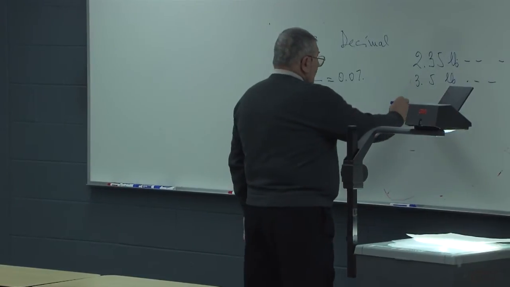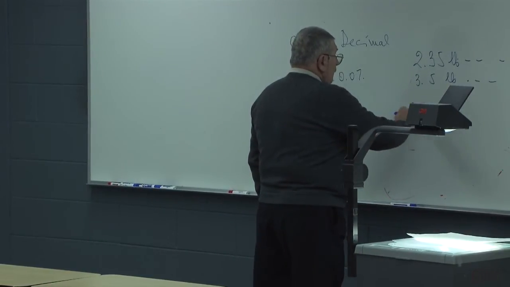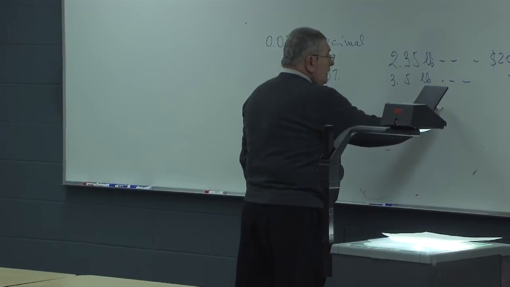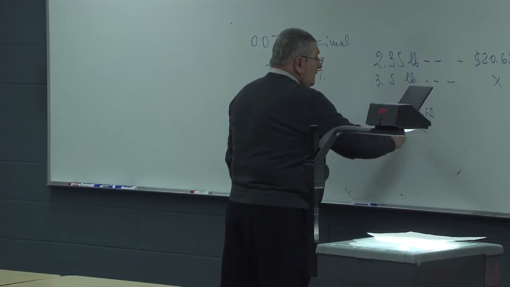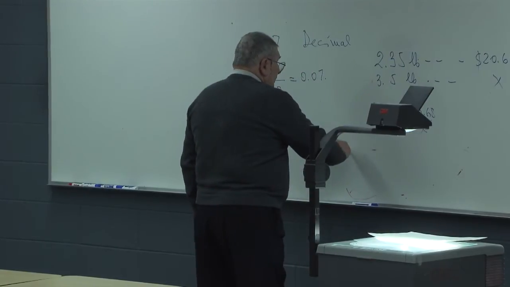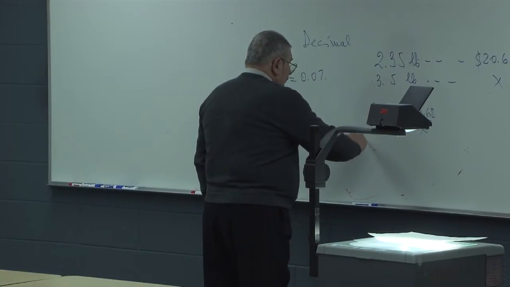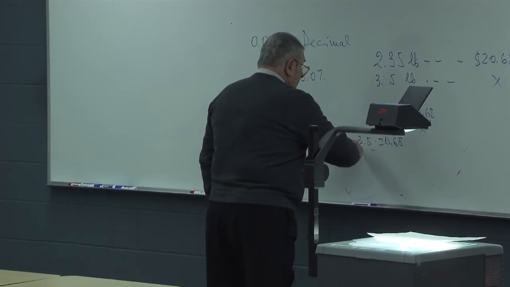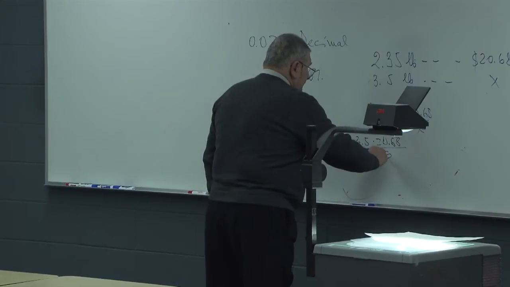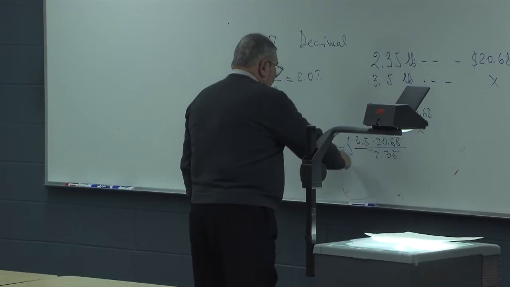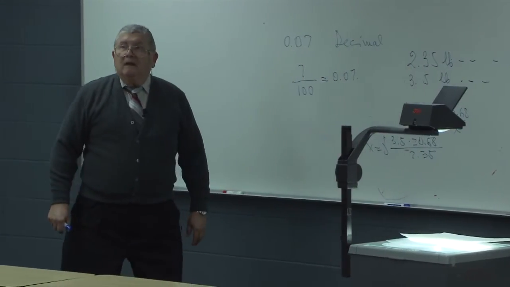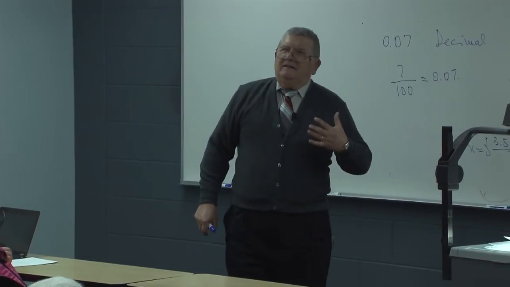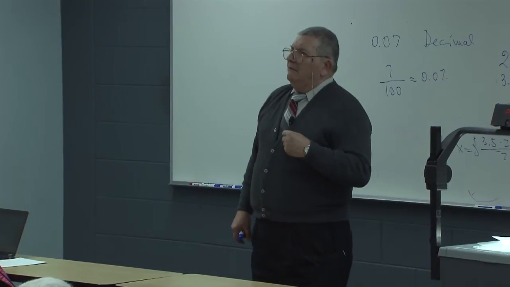So 2.35 over 3.5 equals 20.68 over X. So X is from here 3.5 times 20.68 over 2.35. And here, of course, bucks, dollars. Yes, this is one way to do this problem.